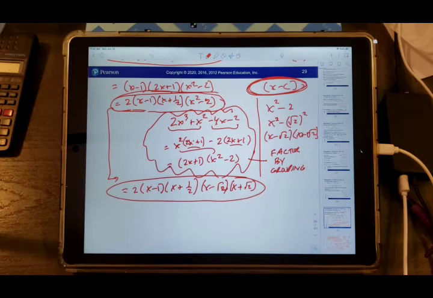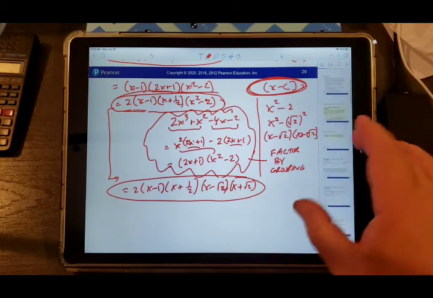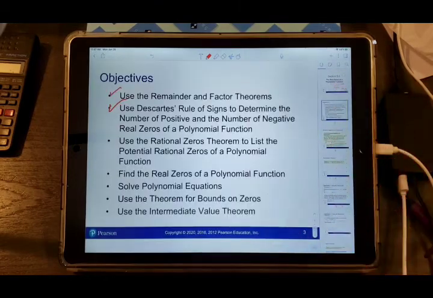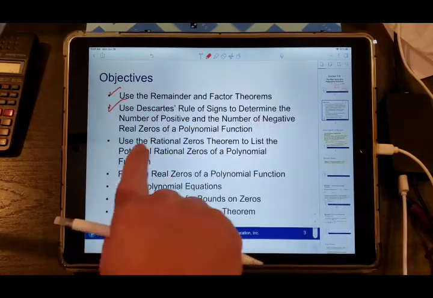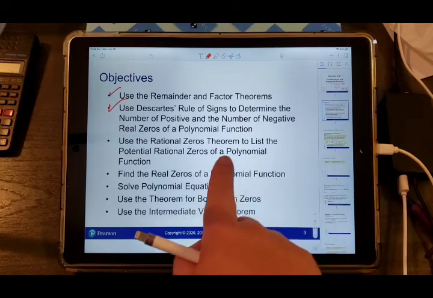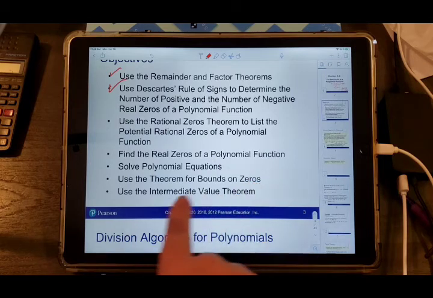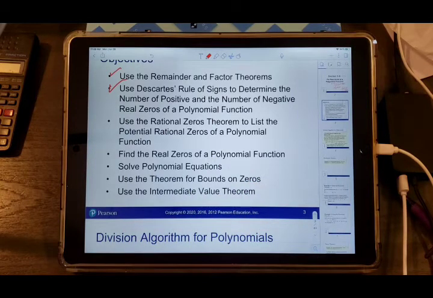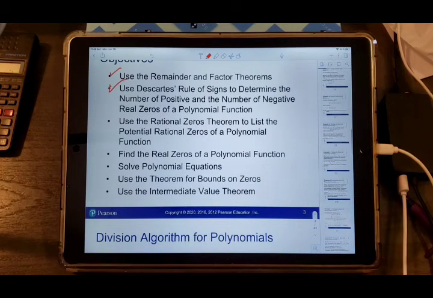Very, very rarely would I even use 2 of the, I don't know, 6 tools the author gave us in this section. So the author gave us the remainder factor theorem, Descartes' rule of signs, rational zeros theorem. These aren't tools. These are the bound theorem, intermediate value theorem. I mean, yeah, I might use one. I might use 2 of these, but I would never use all of them to solve a problem. But that's exactly what the author does in these examples, just to show you how the new rule works.